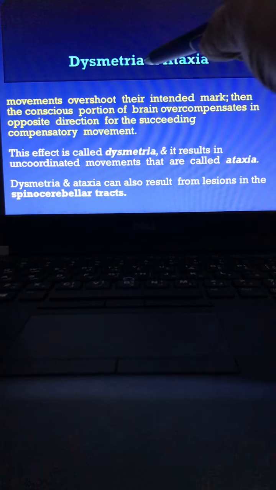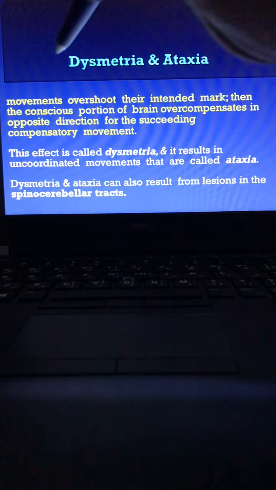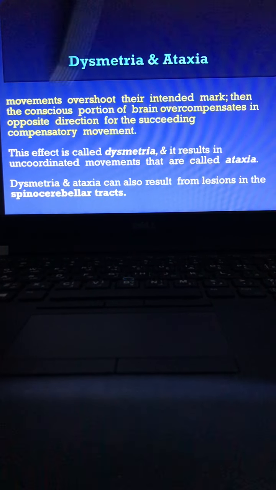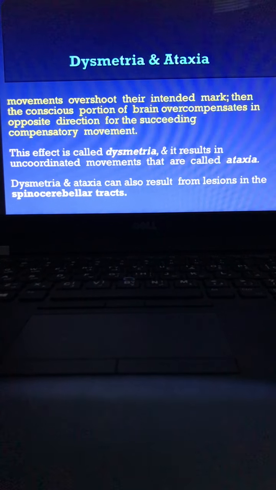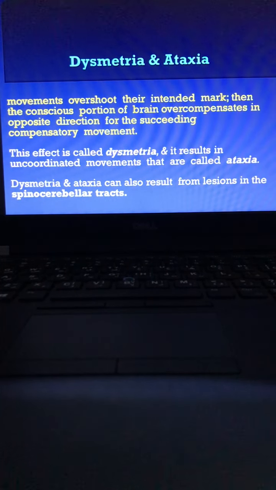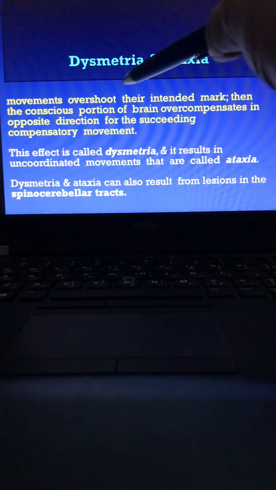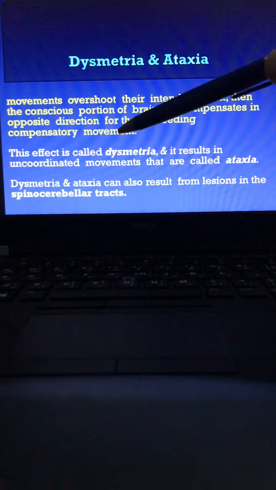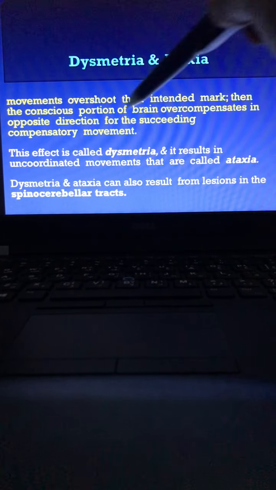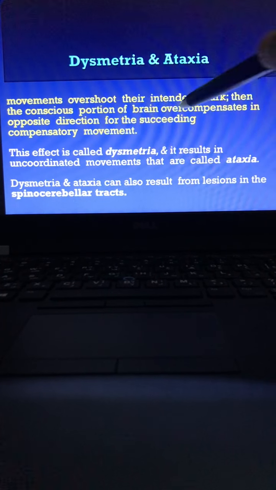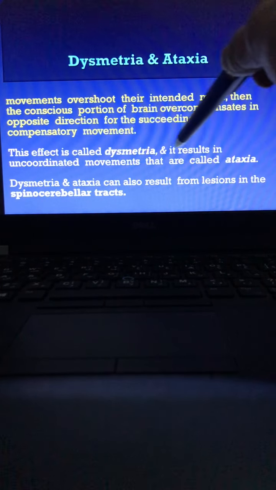Number 1, dysmetria and ataxia. Movements overshoot their intended mark, meaning they cross the intended destination this way. Then the conscious portion of the brain overcompensates in the opposite direction for the succeeding compensatory movements. This effect is called dysmetria, meaning the inability to judge distances.